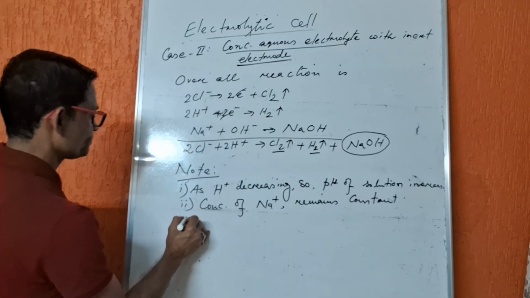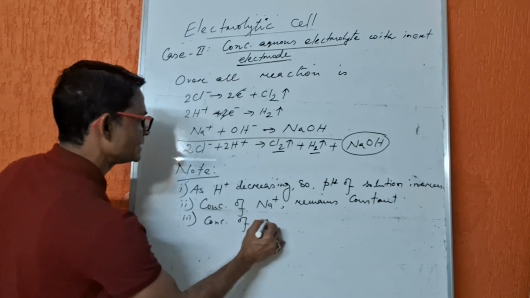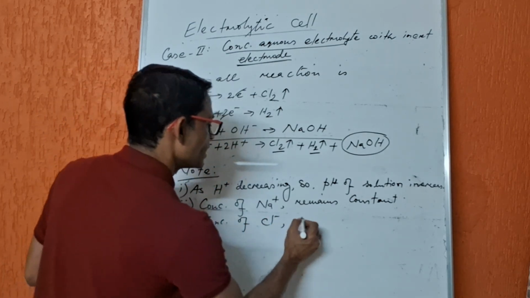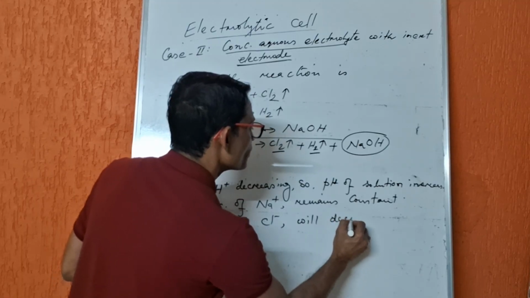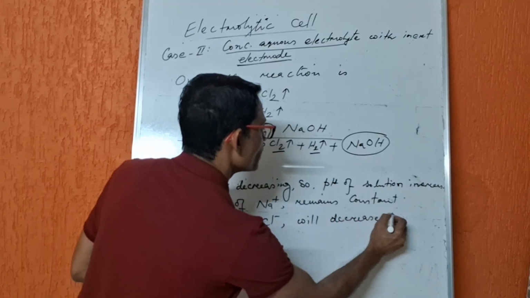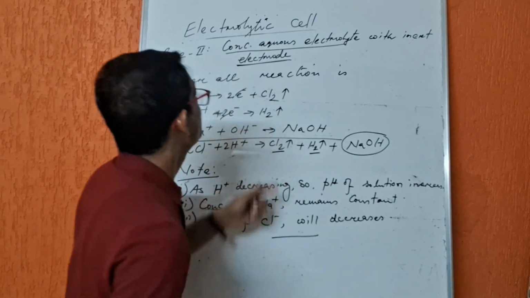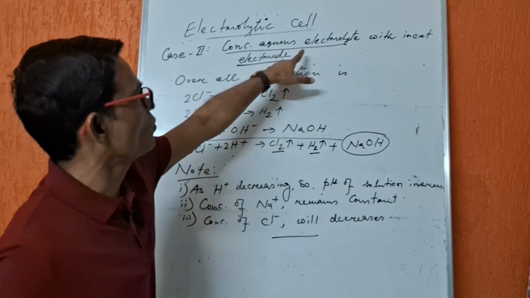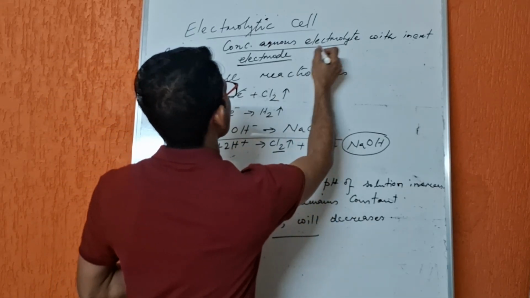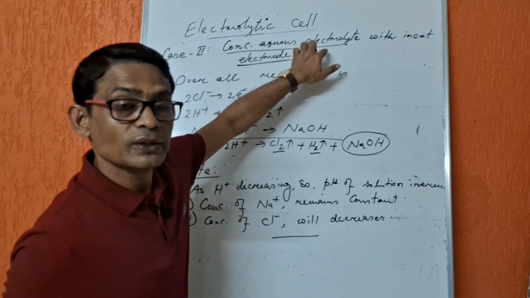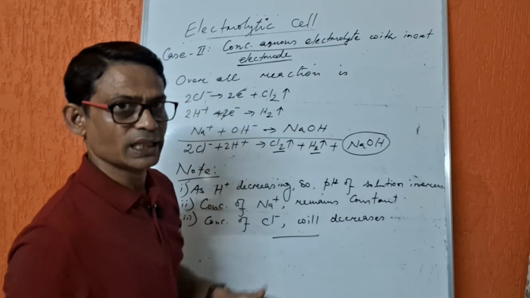The concentration of Cl minus will decrease. This is the overall electrolysis of concentrated aqueous sodium chloride with inert electrode.